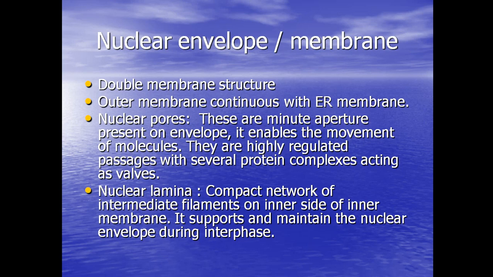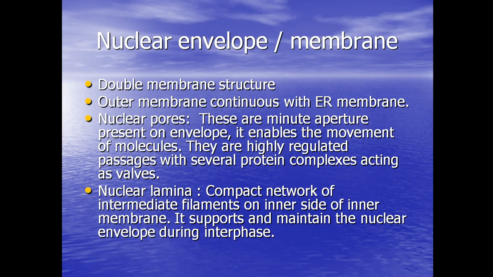This is found on the outer membrane. But on the inner side of the inner membrane, there is a compact network of intermediate filaments, cytoskeletal elements. The inner side of the inner membrane has a network of intermediate filaments, and it supports and maintains the nuclear envelope during the interphase, and this is known as nuclear lamina.